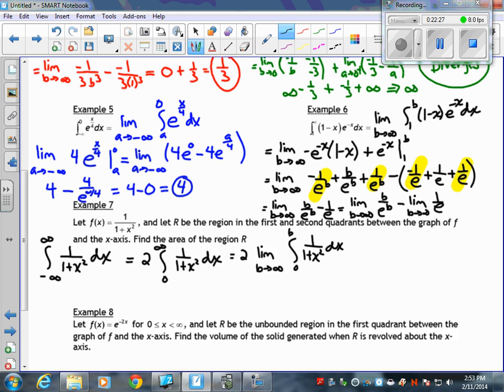And I'm just so happy to see this blast from the past. This definite integral, 1 over 1 plus x squared, we should know that antiderivative. It is an inverse trig antiderivative, and it is tangent inverse.